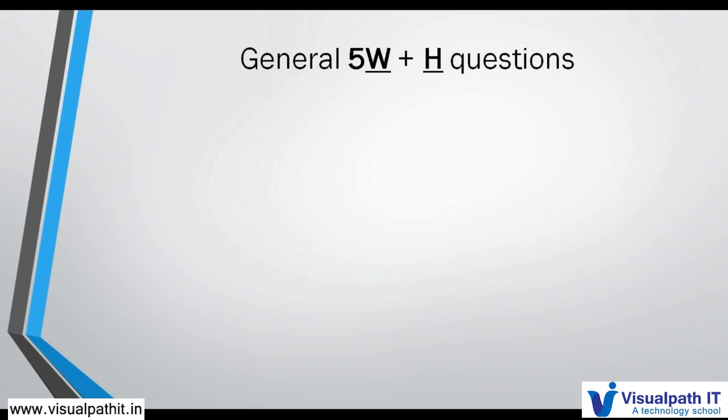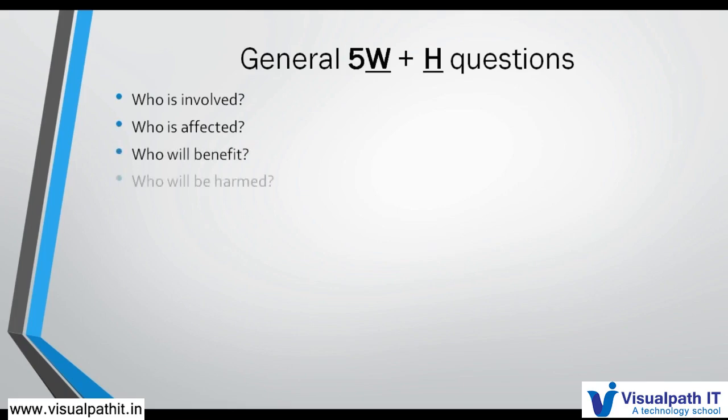Now let's see how, with the help of the 5W1H concept, the questions can be created. In general: who is involved, who is affected, who will benefit, who will be harmed?